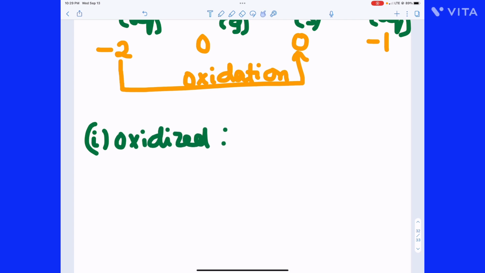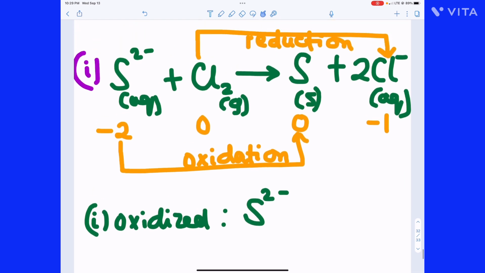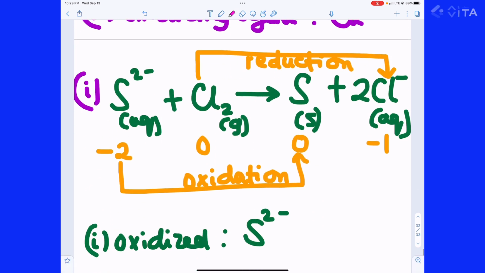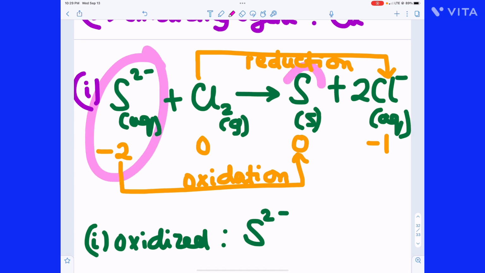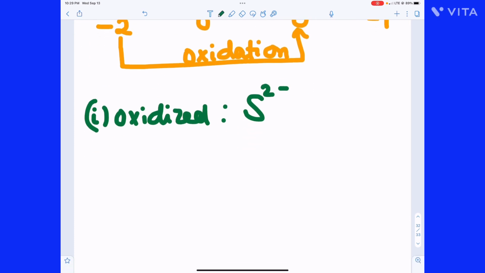The substance oxidized is the sulfide ion, because it is the sulfide ion that changes in oxidation number from -2 to 0. So the sulfide ion is oxidized.